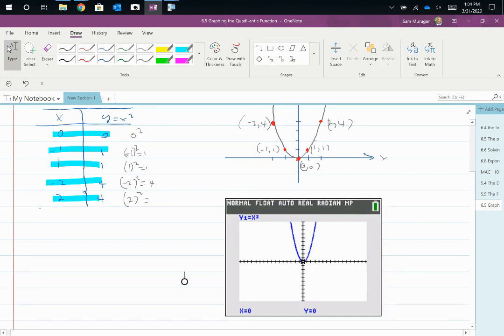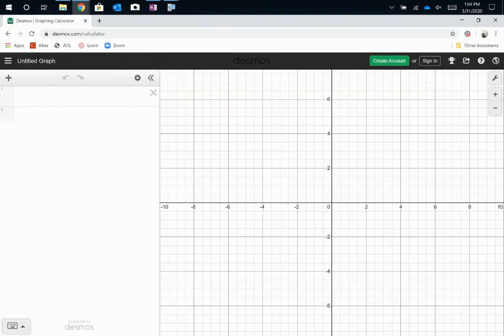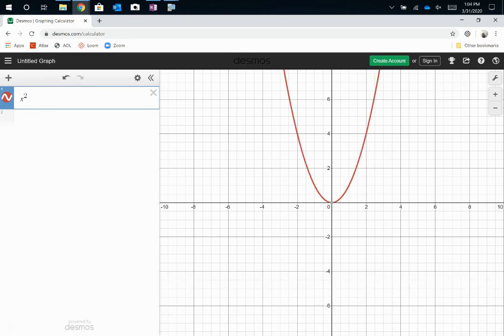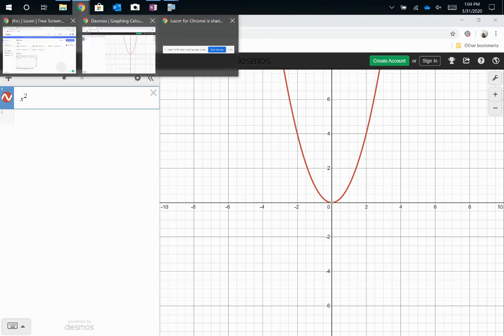A few other options, you can try Desmos by typing in Desmos calculator and then putting in your function x squared and seeing your graph of it. This is a free online calculator as well. Now, let's go back to what we're talking about.